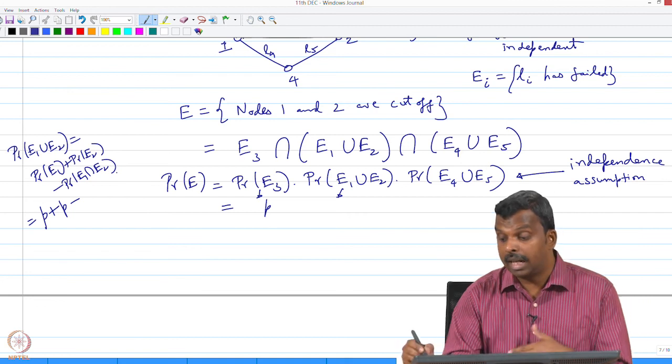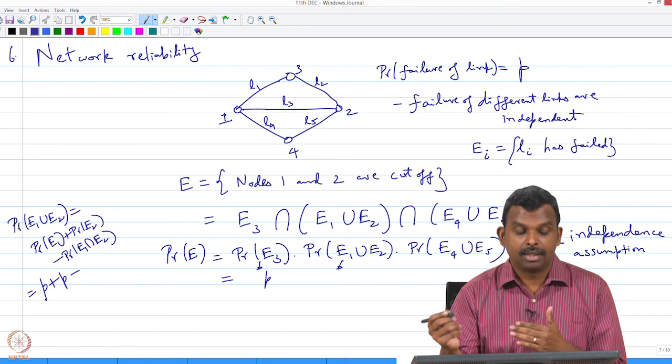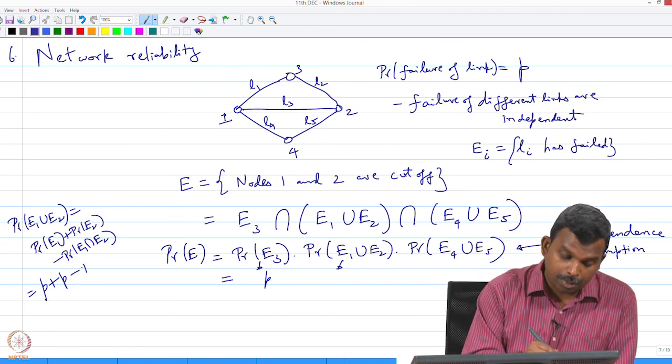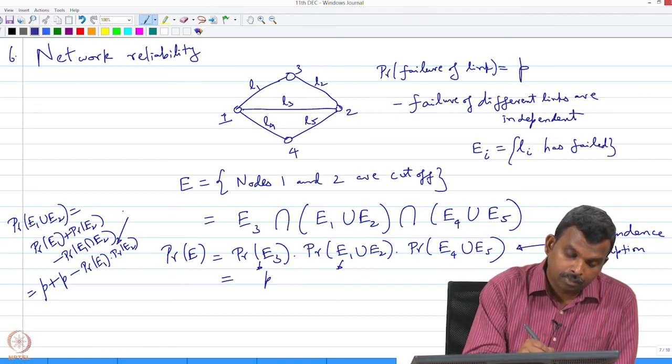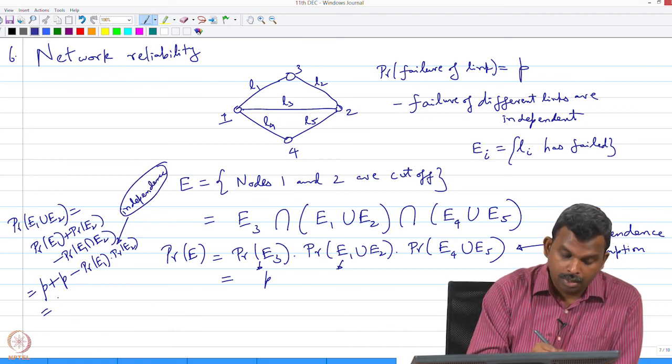Remember, E1 and E2 are again independent. Whether link 1 fails or link 2 fails, it is independent. So this becomes simply probability of E1 times probability of E2. Again we use independence here. Very crucial. So you see here it is 2P minus P squared.